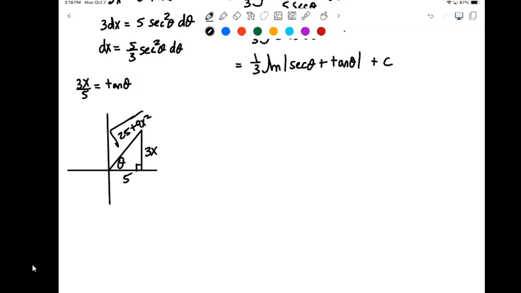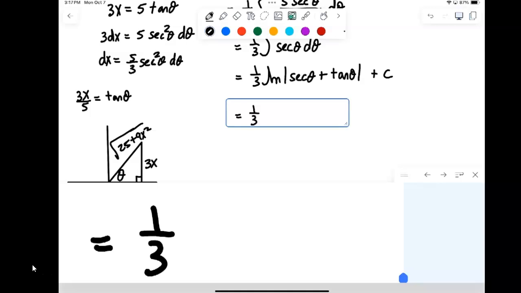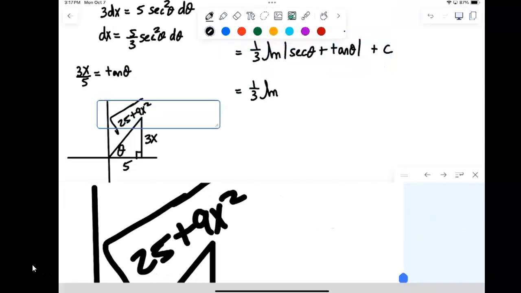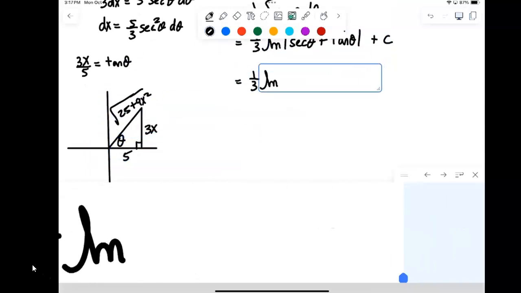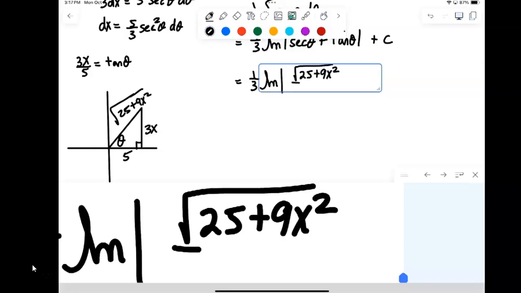All right, and then we come to our problem here, and we compute our secants and tangents. So 1/3 ln of secant, which is the hypotenuse over the adjacent: square root of 25 plus 9x squared, all that over 5.